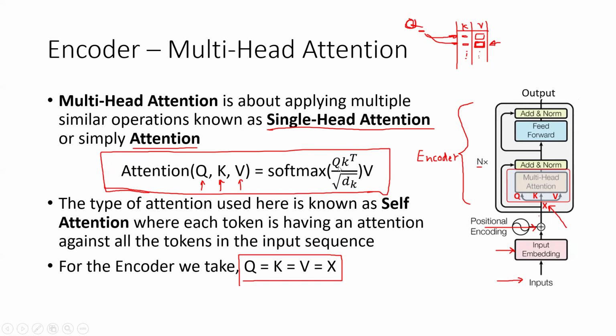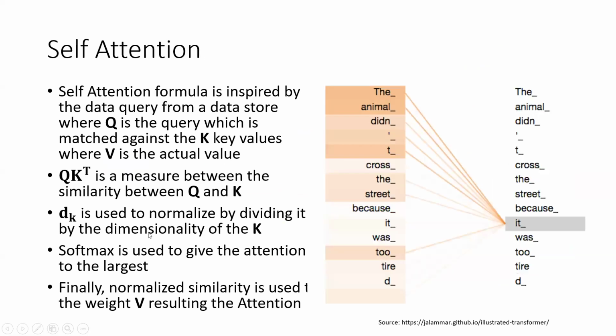If the match is so high, that means the query and the key are matching very well, then the softmax would be much closer to 1, and 1 multiplied by the value gives a higher value for that particular combination of query, key, and value. So for the matching key value, you would have a much higher value in this attention calculation. That is what really happens in this attention calculation.